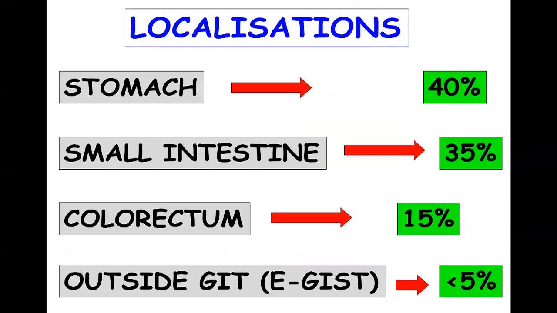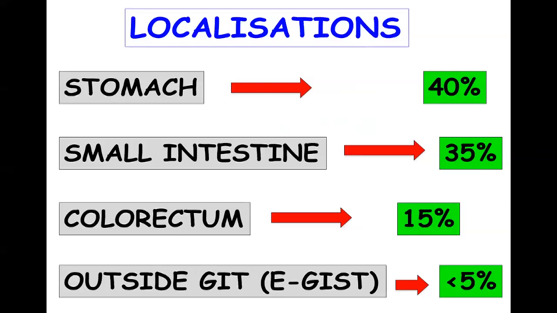40% of GIST are located in stomach, 35% in small intestine, 15% in colorectum, and less than 5% outside the gastrointestinal tract. This subtype is called E-GIST.